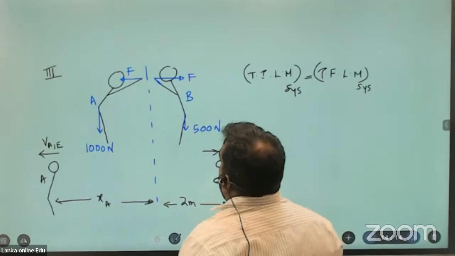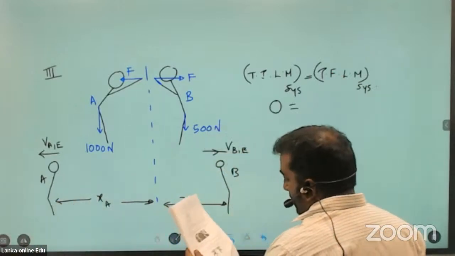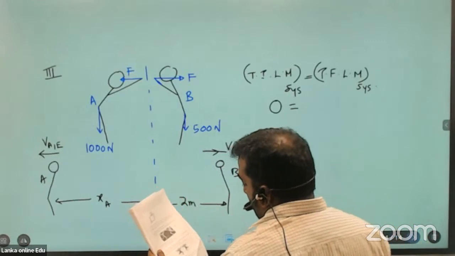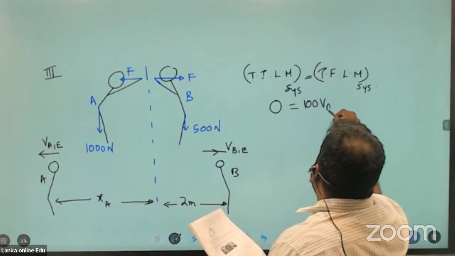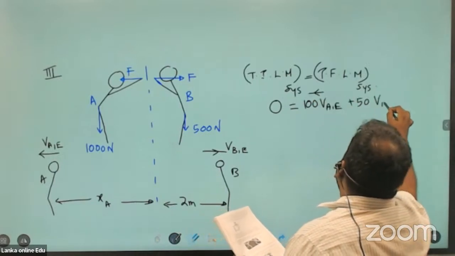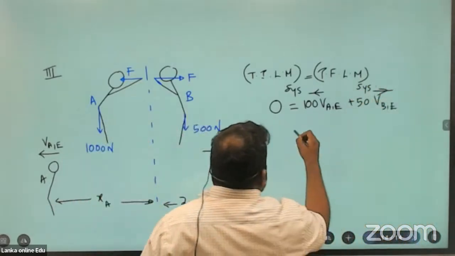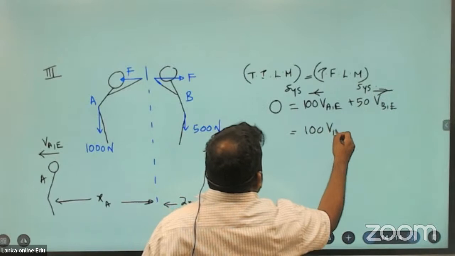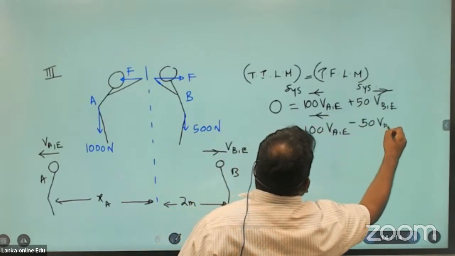Okay. Total initial linear momentum is 0. Total final linear momentum: if you work the problem out carefully, same two people, 100 velocity of A with respect to Earth backwards, 50 velocity of B with respect to Earth forwards. Finished. Bring all vectors in the same direction: 100 v_A,E backwards, minus 50 v_B,E.